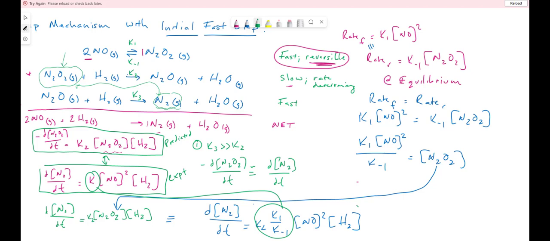And so now we know that K is actually K1, the forward reaction rate constant for the first reaction, times K2, the second rate constant, divided by the reverse reaction rate constant for the first one. And so these two rate laws are exactly the same. This one now just has more detail because we've actually parsed that net rate constant into its constituent elementary rate constants. And we can say that these two are in fact identical.